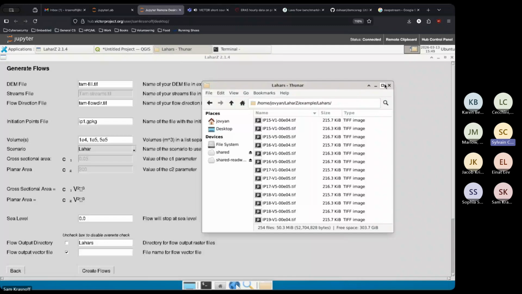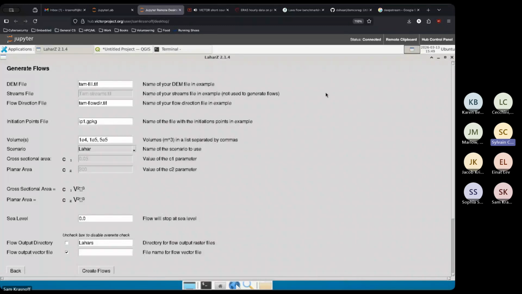Just wanted to add here that you can select different volumes, so you can basically do several simulations at once, which is pretty cool. So it's not limited to only one simulation, right? One flow in one channel, but you can actually say you want several volumes, and then several initiation points, and then you can run this all and then get that map with 10, 20 Lahars simulation at once.